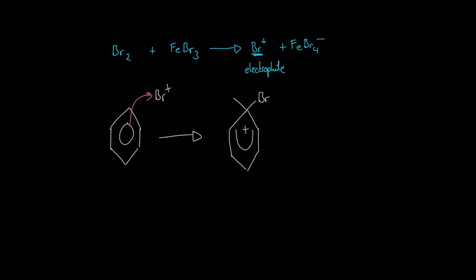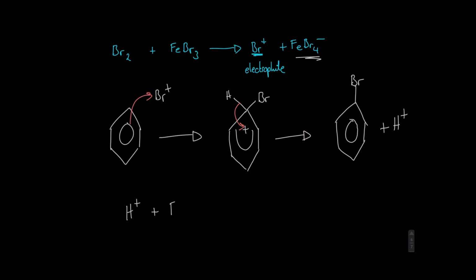There's then a heterolytic fission of the carbon-hydrogen bond, and the pair of electrons moves back into the ring to re-stabilise that ring again. But again, you'll notice our catalyst, which is a halogen carrier catalyst, hasn't been regenerated. To regenerate that, we just take the extra hydrogen ion and it reacts with, for example, FeBr4- to produce hydrogen bromide and regenerate that catalyst.